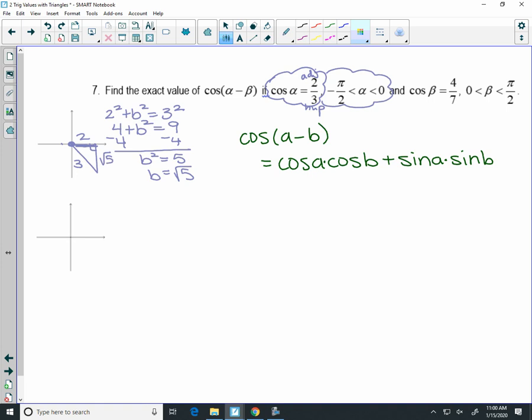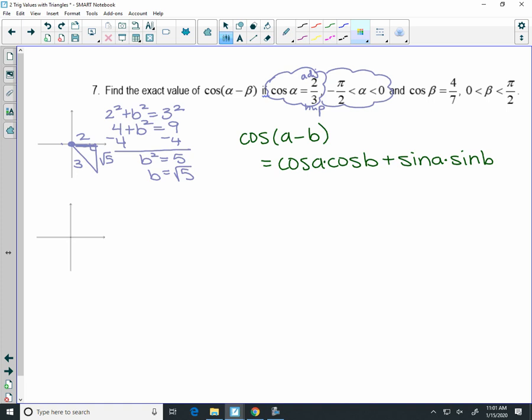So all of this gets just a tiny bit more tricky when we start introducing radicals and having to do operations with radicals. But like you saw yesterday, that's a really important part of working with the unit circle and I think working with trig in general.